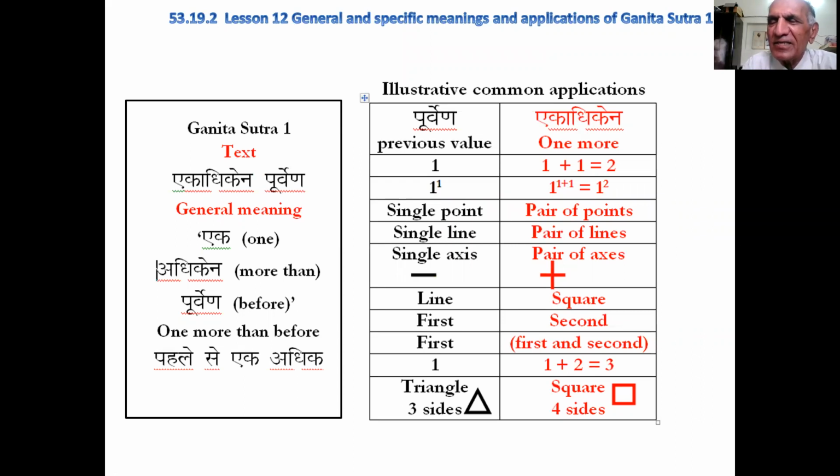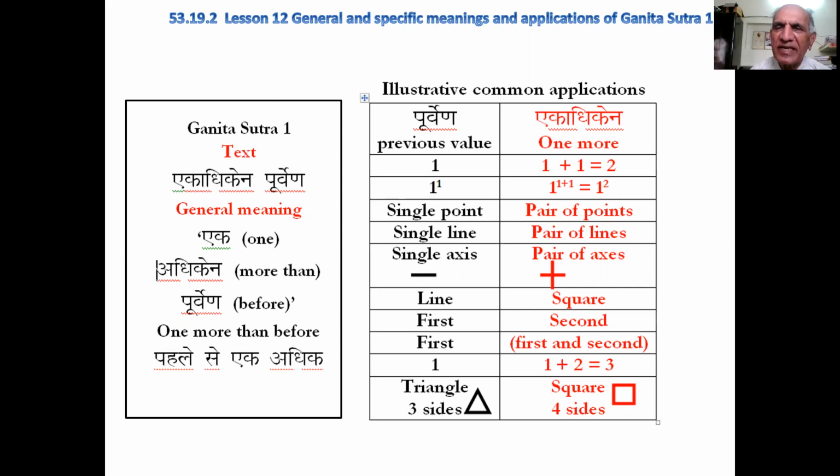It is a very large area, a very large domain, a very large number of situations which stand covered in terms of this rule. Some of these common illustrated applications are being pointedly taken up today.